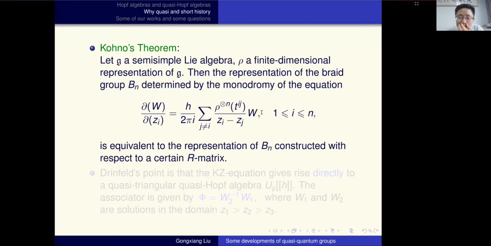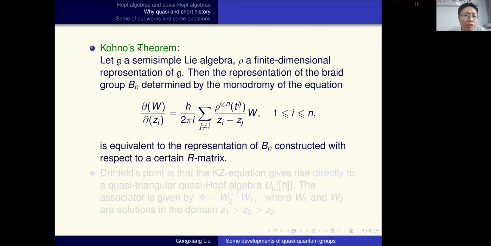You can consider the underlying space as an n-point configuration space, whose fundamental group is just the pure braid group. Using some technical way, you can construct a braid group, not only a pure braid group. So you consider the monodromy representation of this flat connection, and you get a representation of this braid group.